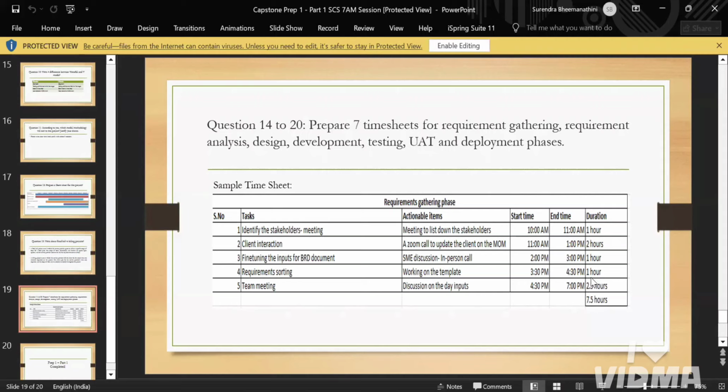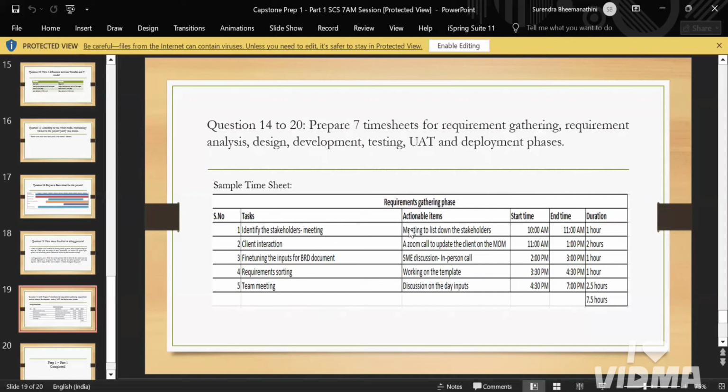Based on those 8 hours only, you need to prepare these timesheets. For example, the requirement gathering phase they have given only for 1 day, so you need to write down for Monday, Tuesday, Wednesday, Thursday, like that.